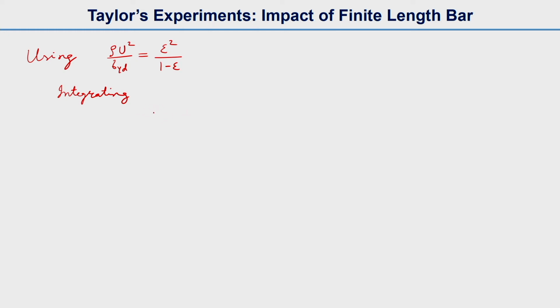Finally we get ln of x square equals the integration of 1 by epsilon d epsilon square over (1 minus epsilon), which will give us integration by parts.